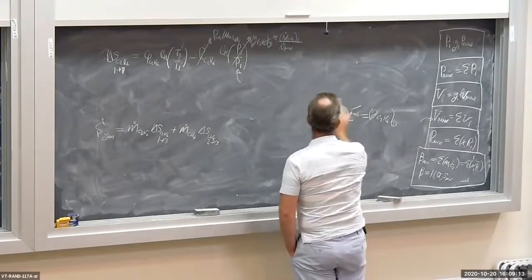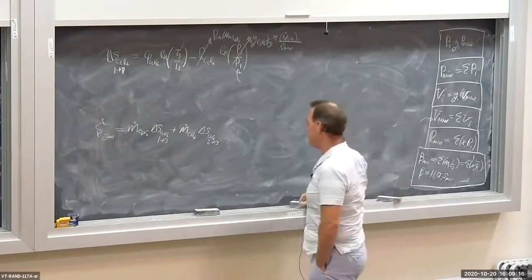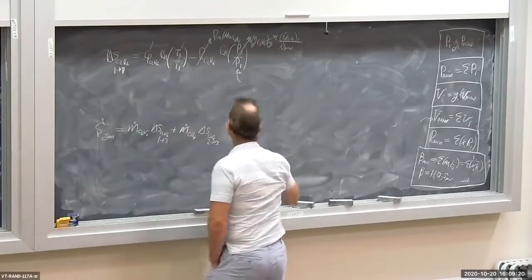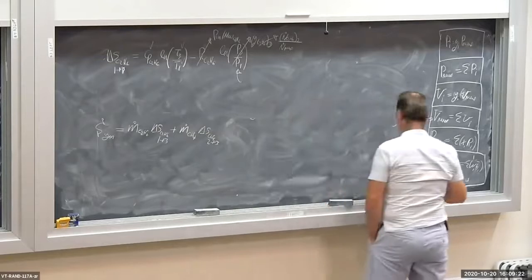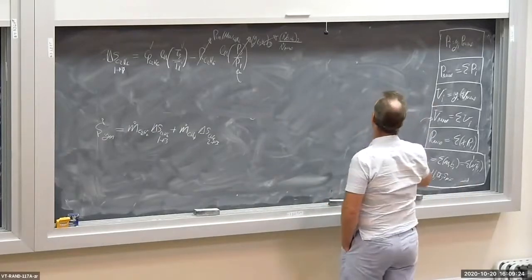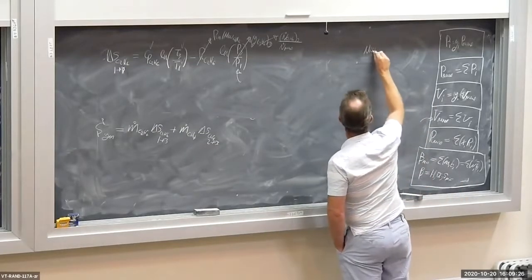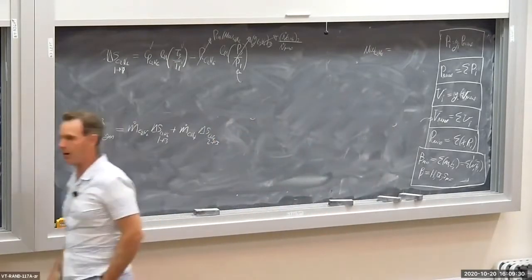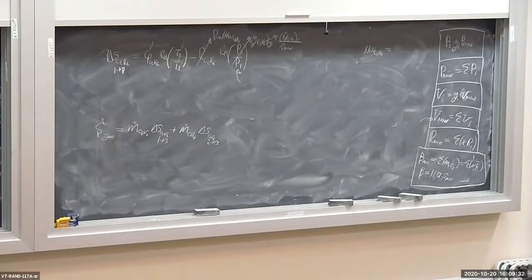Now, I have a couple of things to calculate here. I have the temperatures, I have the Cps, and the molecular weight. What's the molecular weight for the C2H6? I can look that up in the table.